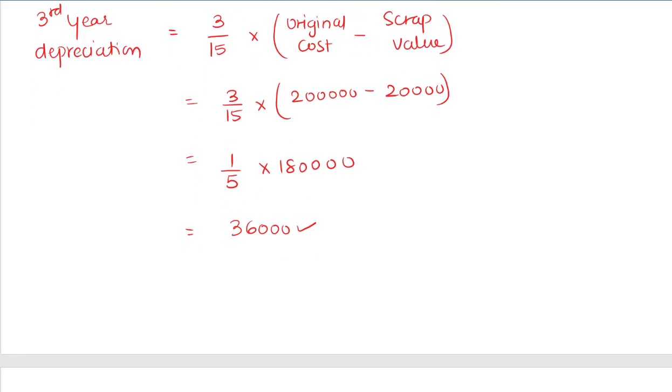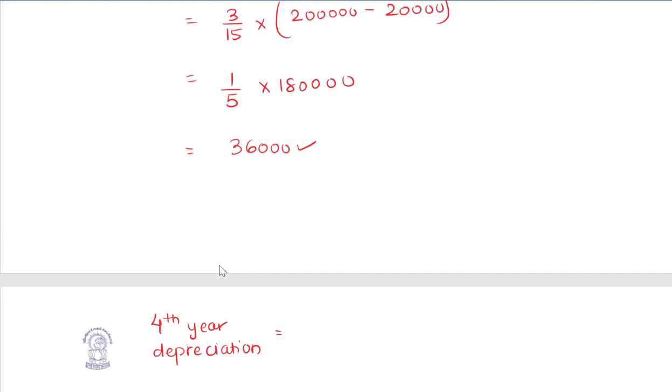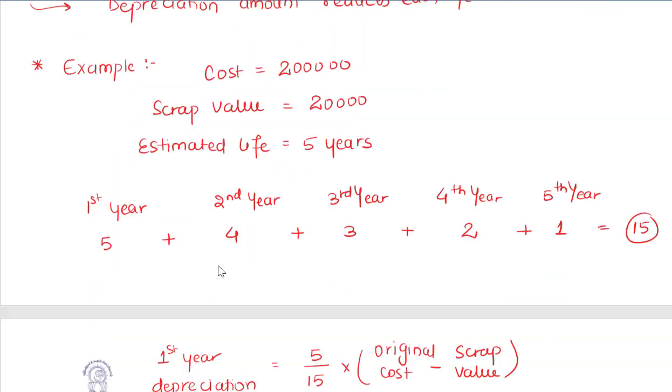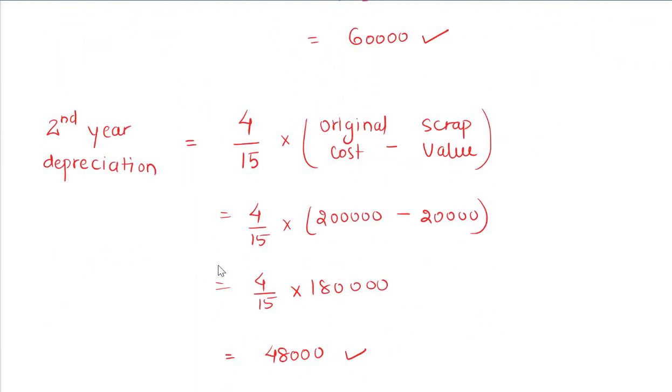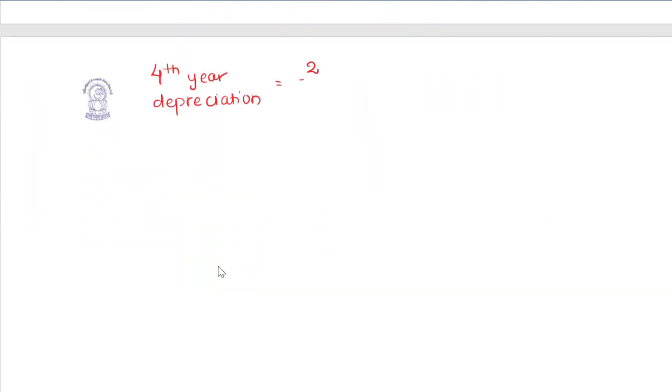Let us calculate for the fourth year. So write over here, fourth year depreciation equals 2 by 15 multiplied by original cost minus scrap value.